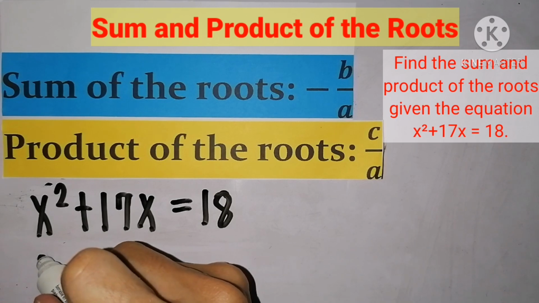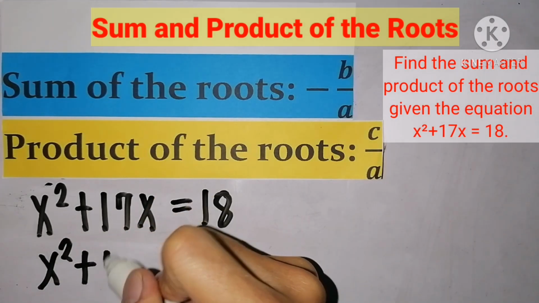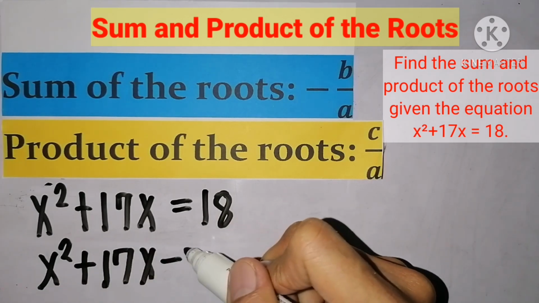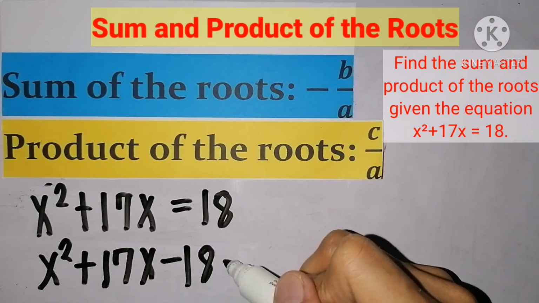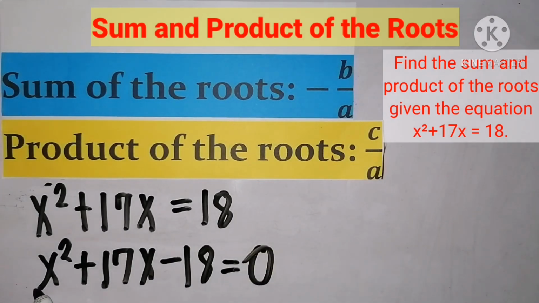So we have now x squared plus 17x minus 18 equivalent to 0 as the standard form of the given quadratic equation. Now we can easily identify the values of a, b, and the constant.